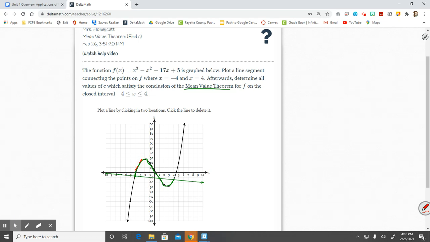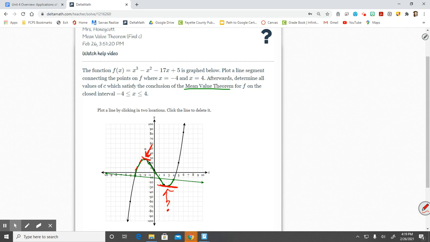But I'm thinking there might be one right there. And maybe something around here. Looks like it might happen twice where that slope would be parallel.